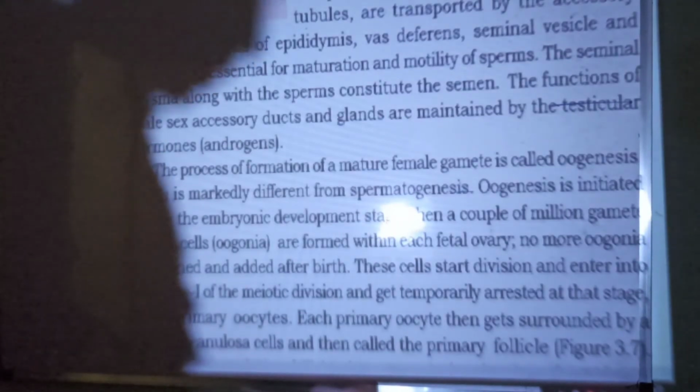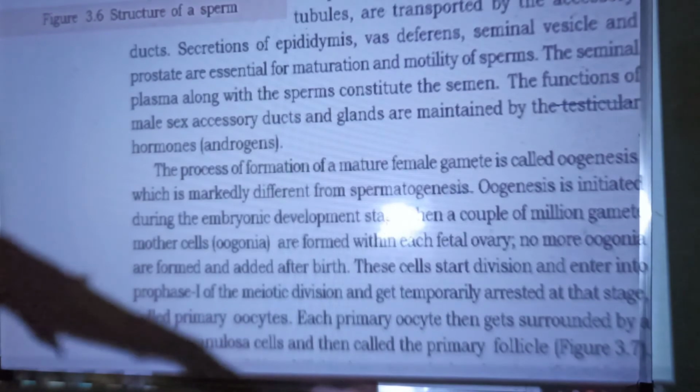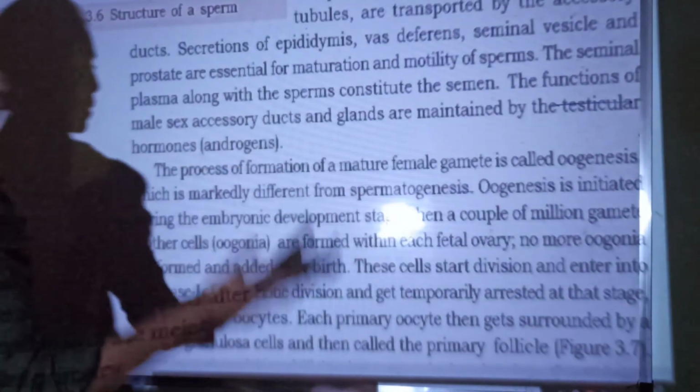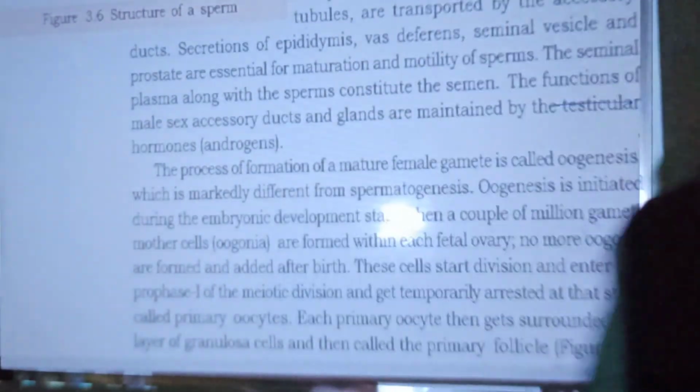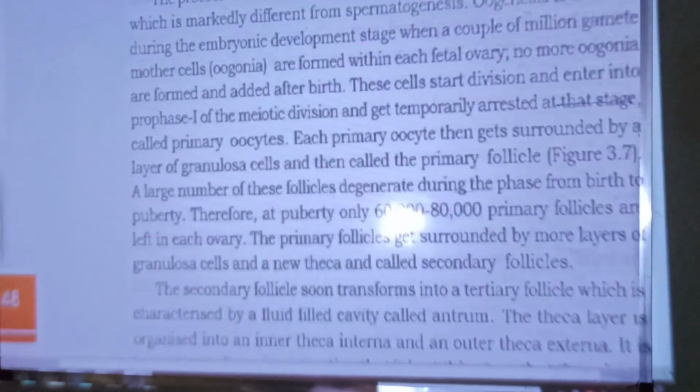Now, the formation of the mature female gamete, oogenesis, is markedly different from spermatogenesis. Oogenesis is initiated right from embryonic development.